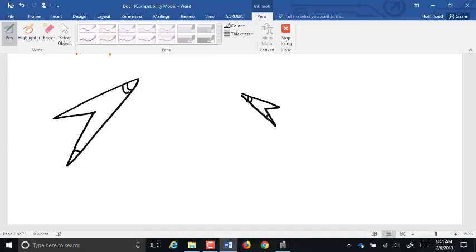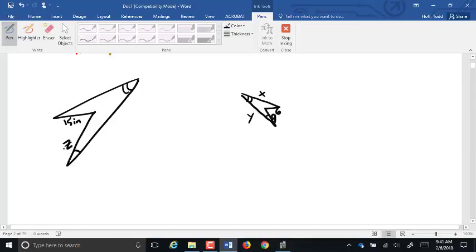Now, let's give you some sides here. Let's say that this here is 9 inches. This is 6 inches. I'm going to call this X and Y. Over here, I'm going to call this 15. This I'm going to call Z. Oh, let's see here. I'm going to call this one 45.